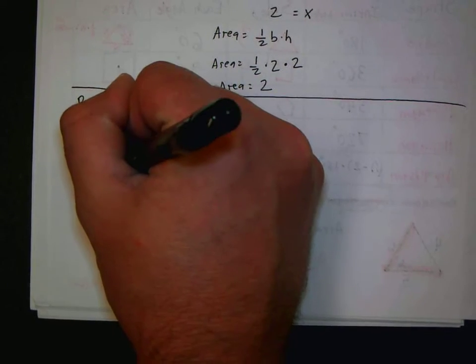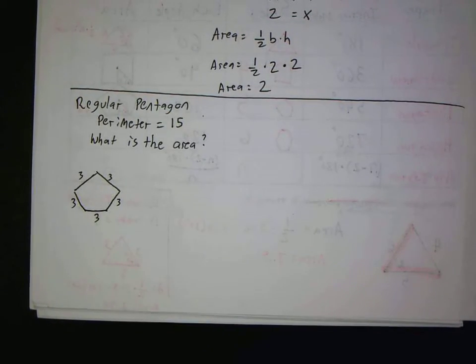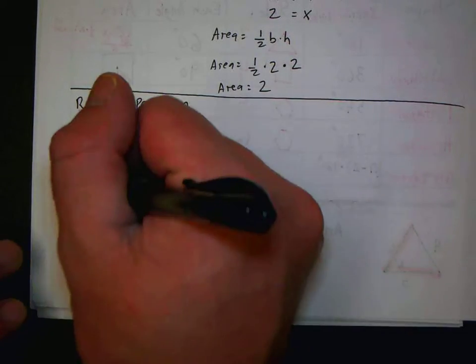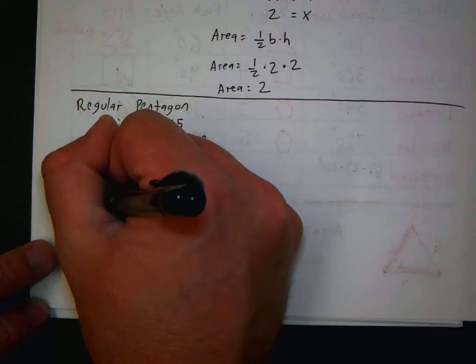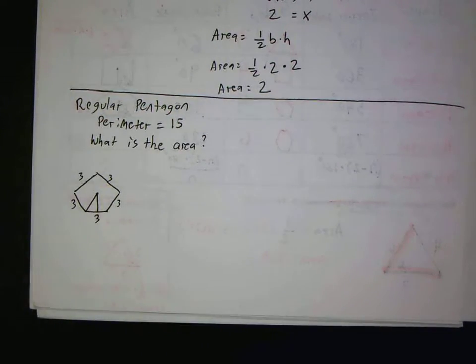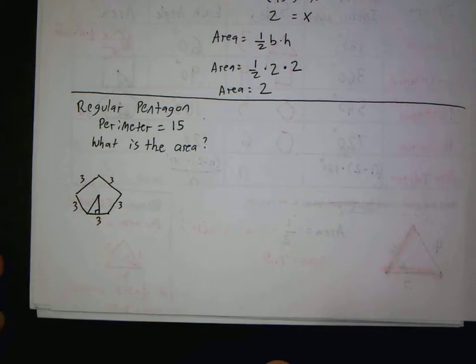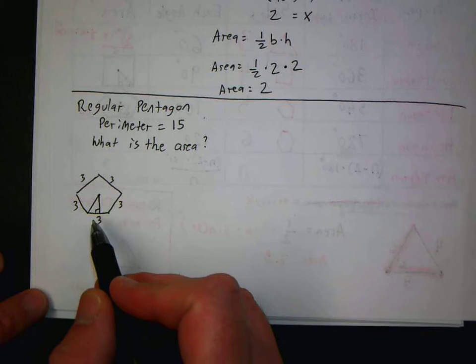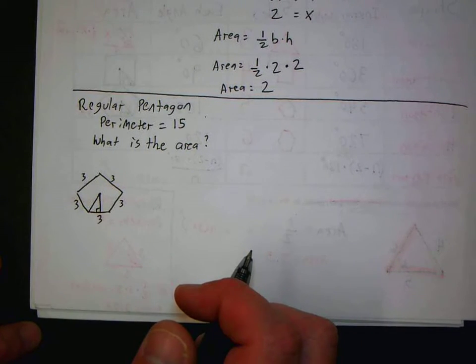So 3, 3, 3, 3, 3. We're going to find the center point and make a triangle. We're going to find the area of that triangle and then multiply it by 10 because there's 10 of those that will fit in there. 2 for each side. 2 triangles for each side.